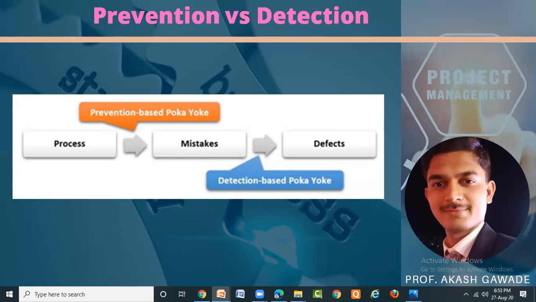In simple language, prevention. See, there are three steps given. The first one is process, then mistakes, and then defect. Process means there is some process line. We can say it is the car manufacturing process. The car manufacturing process is going on.